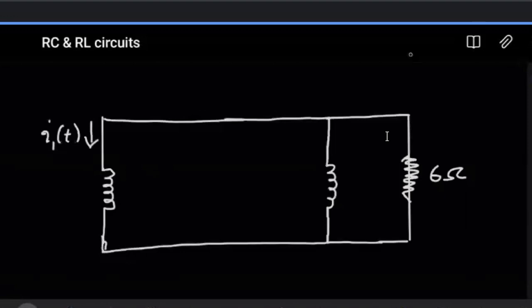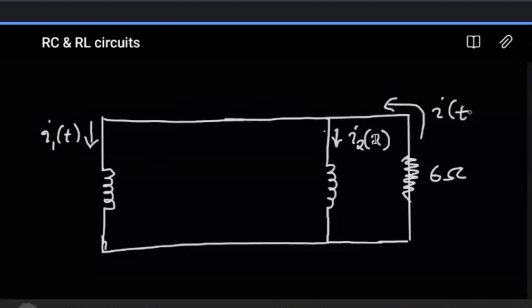Along this branch, this is where we had I2. And going in this way, this is where we had I. So let's bring in the inductance of the two. This is 3 Henry, and then this is 6 Henrys. So this is our circuit now.